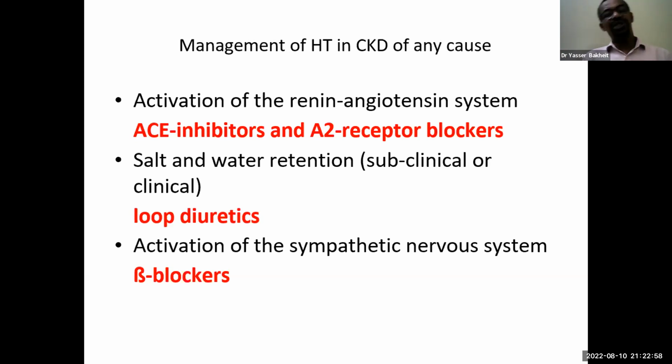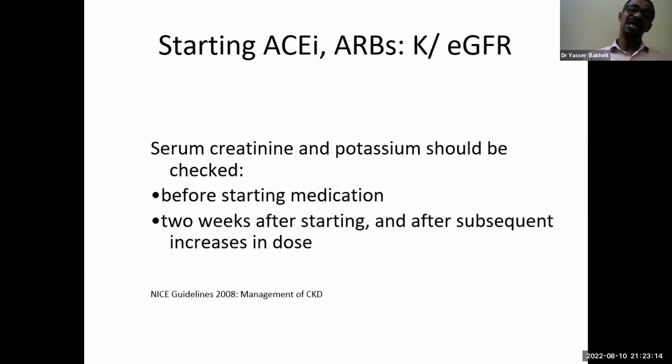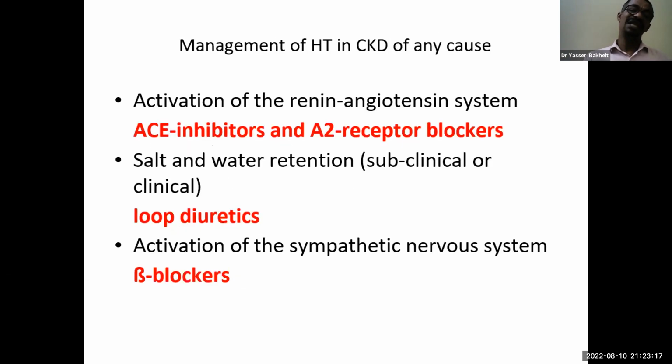So we use antihypertensive ACE inhibitors, or for salt and water retention we can use loop diuretics. If there is activation of the sympathetic nervous system, usually we use beta blockers. So the antihypertensive depends on the underlying cause of the hypertension.